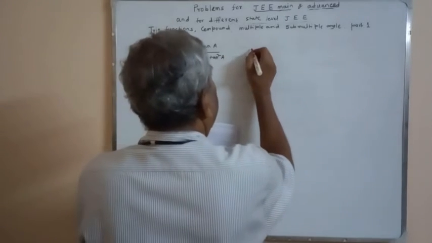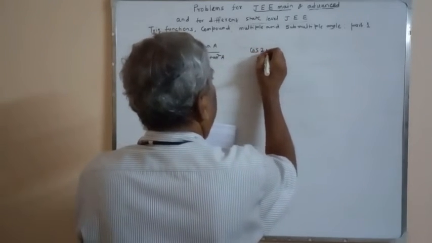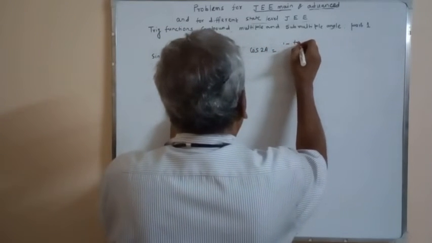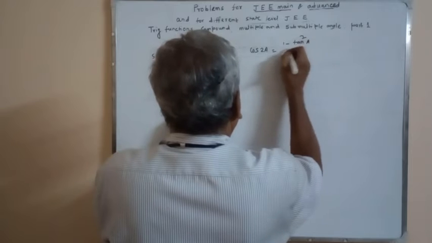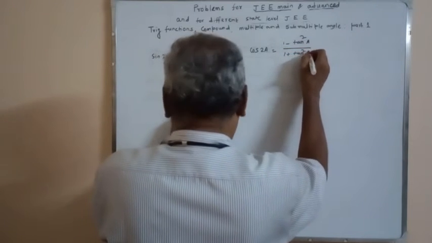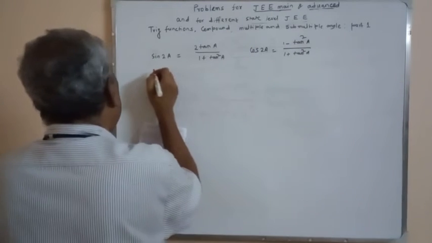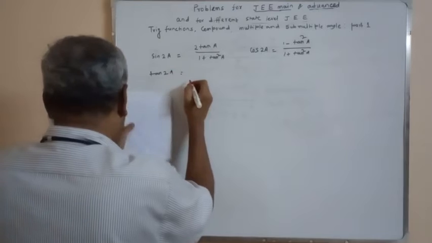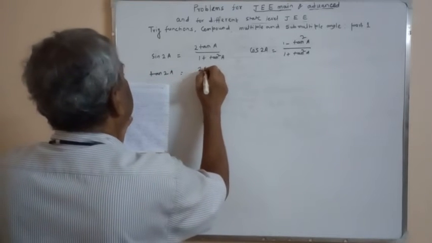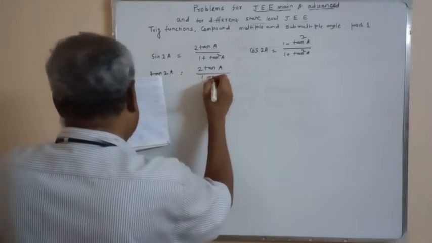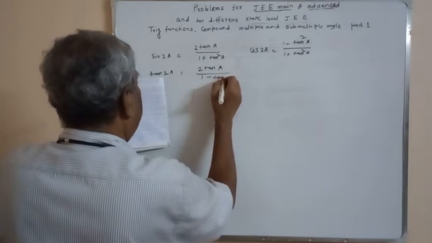Cos 2a in terms of tan a is 1 minus tan square a by 1 plus tan square a. Tan 2a is 2 tan a by 1 minus tan square a.